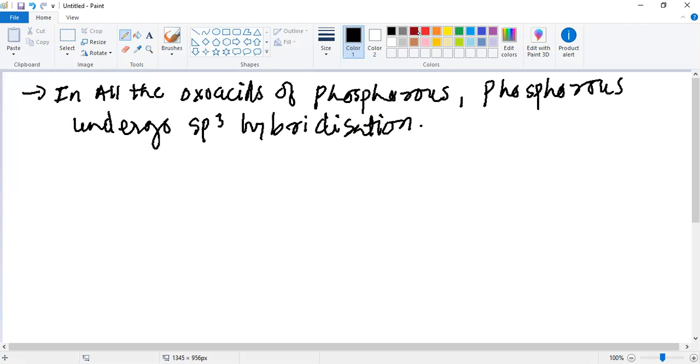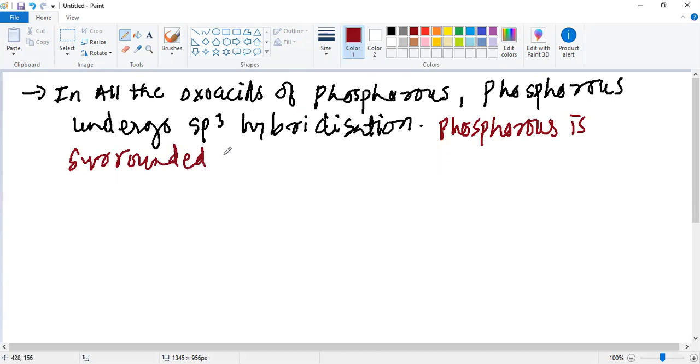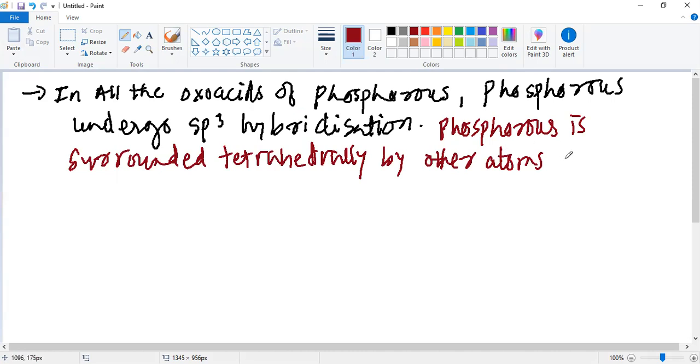Thus, we can say phosphorus is surrounded tetrahedrally by other atoms in oxoacids of phosphorus.